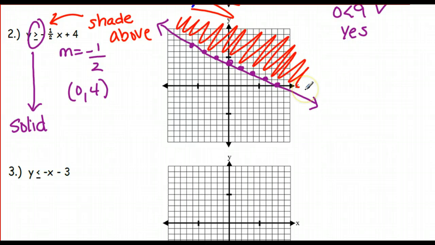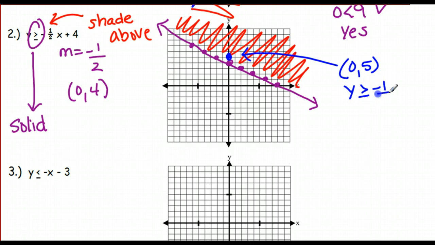If we shaded correctly, then I should be able to pick an ordered pair. Let's go ahead and check. Why don't we use this one right here? 0, 5. So we're going to test and make sure that is a solution. So the test point here was 0, 5. And the inequality is y is greater than or equal to -1/2x plus 4.